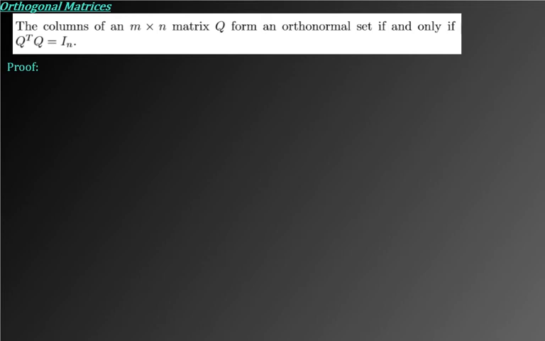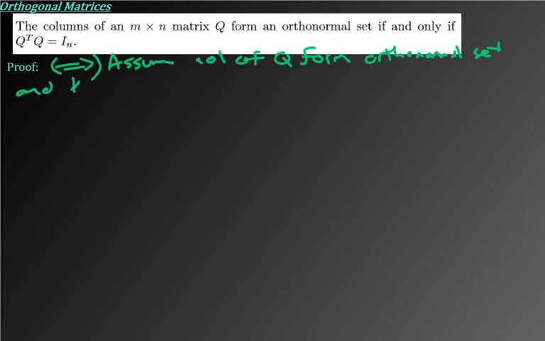All right, so I'm going to start off and prove the forward direction here. I am basically going to assume the columns of Q form an orthonormal set, and then show that Q transpose Q is I sub n.